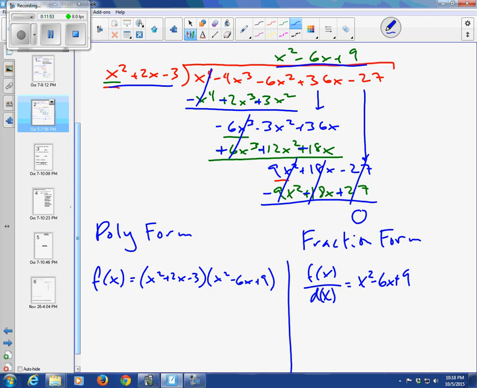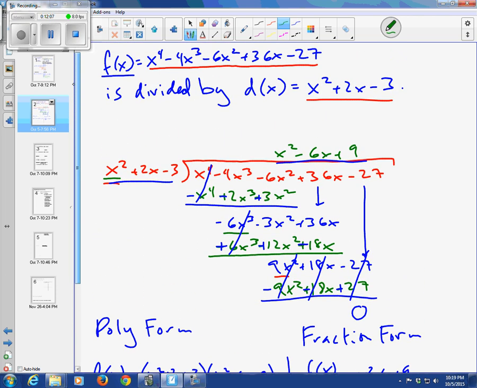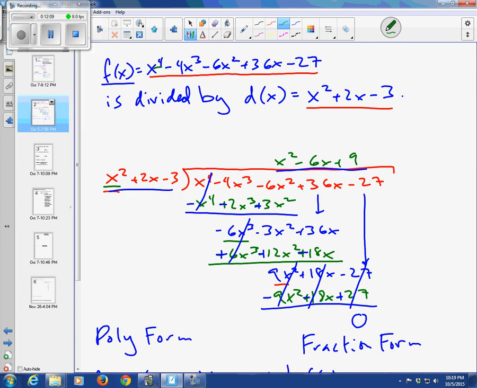So basically, when we divide f of x by d of x, we get just our x squared minus 6x plus 9, which is basically the multiplication of the other two linear factors that are making up our fourth degree polynomial. All right, so why don't you guys stop this video and move on to the next one.